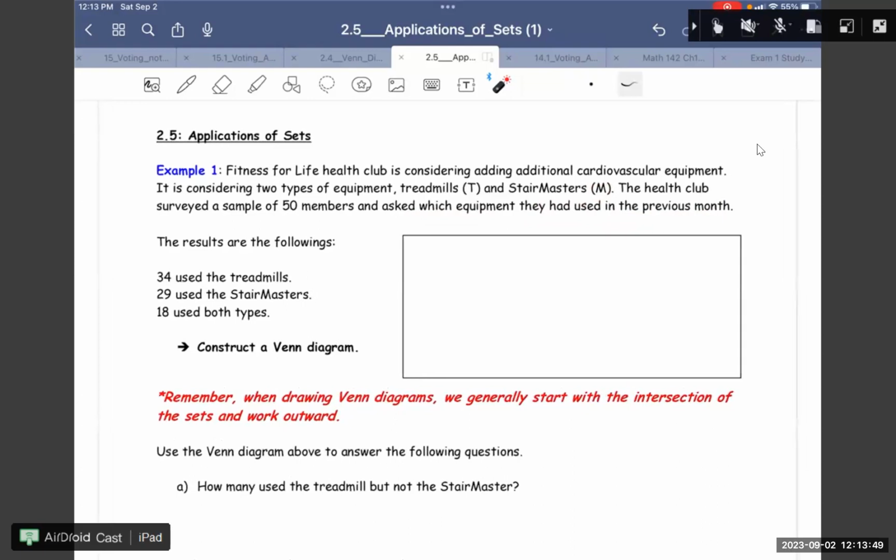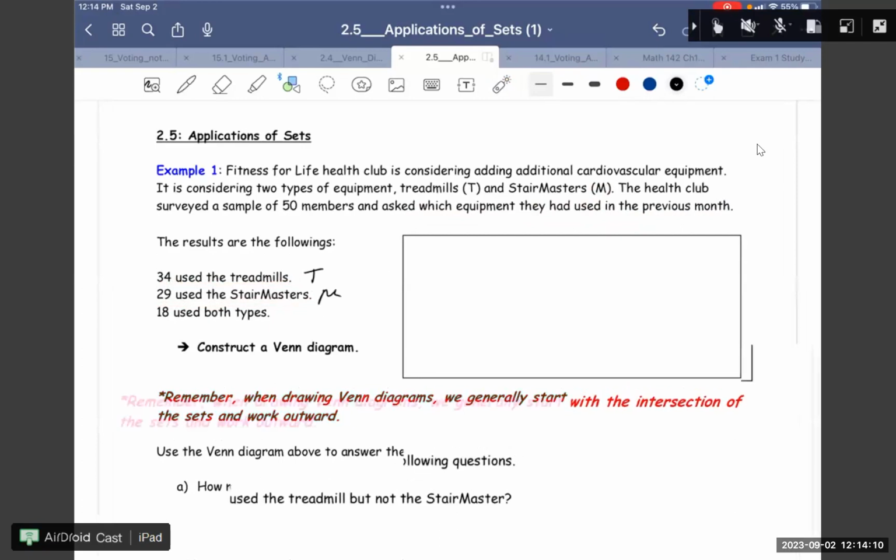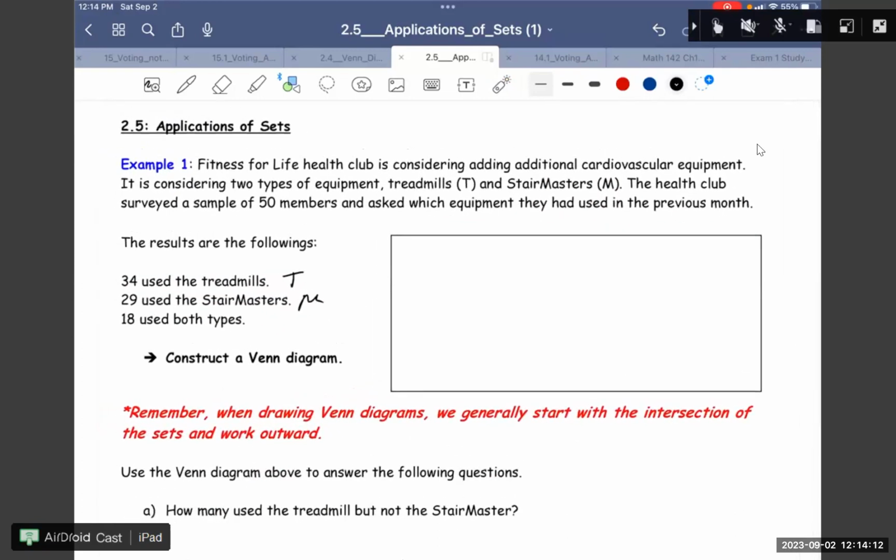We have 34 who used the treadmill, which we call T, right? And then 29 who used the Stairmaster, which we call M. So right now I have to draw the Venn diagram first.